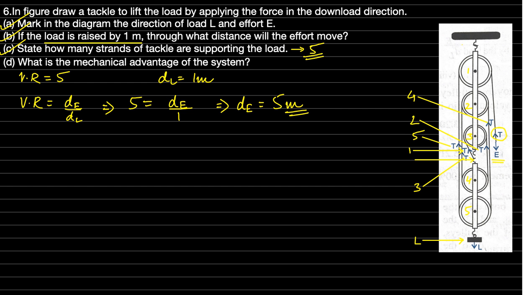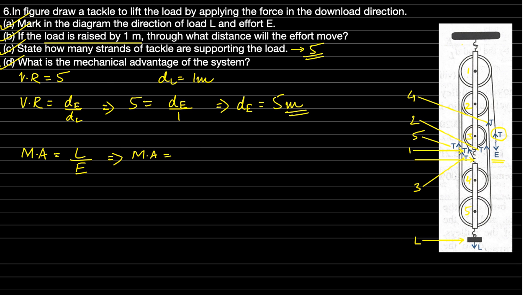Now coming to the D part, we need to find the mechanical advantage. So for finding the mechanical advantage, I would be using the formula mechanical advantage is equal to load divided by effort. So I would write mechanical advantage is equal to load will be the number of tensions acting because of the load. That is all the 5 tensions that we counted a few minutes back.